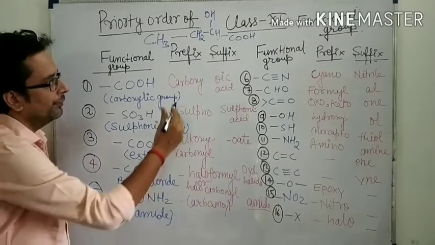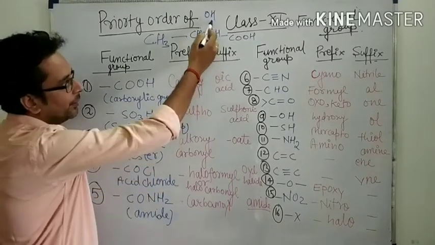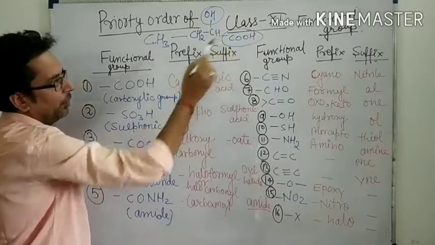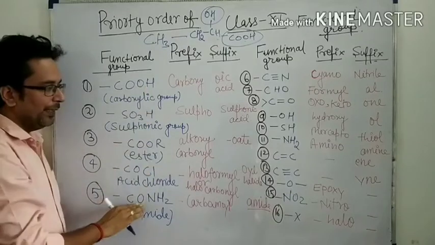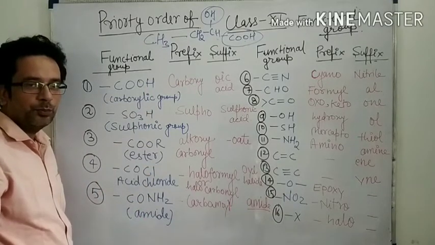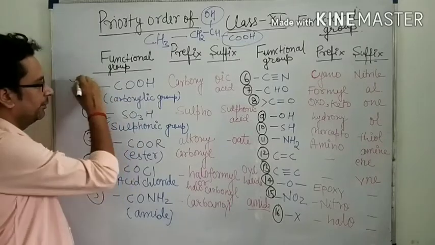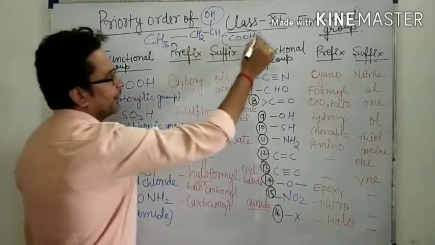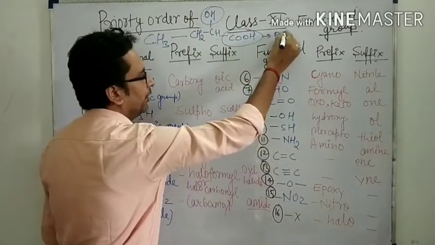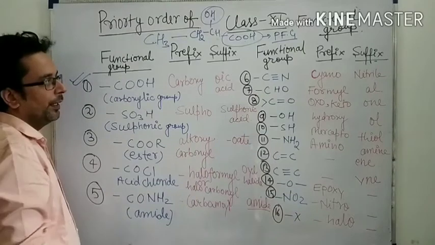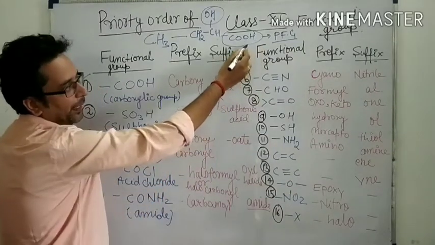In this case there are two functional groups, alcohol and carboxylic acid, but according to priority order, which functional group comes first? This one, COOH, that is carboxylic acid. That is why in this case this is the principal functional group, and it is considered the parent chain.